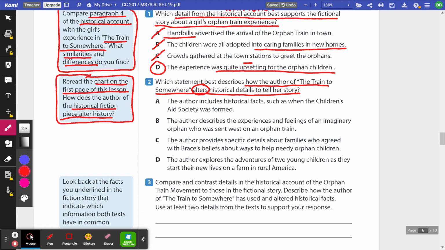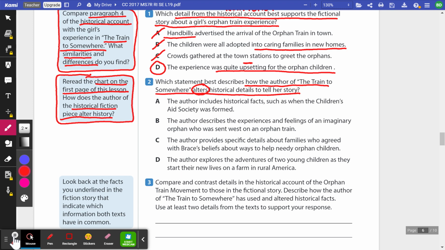So if you look back where we annotated the passage, we talked about all those story elements. All those story elements are kind of add-ins that change some stuff up. So I want you to go back and look at The Train to Somewhere, and I want you to think about how the author alters their details. And I want you guys to go ahead and answer this question. When you're finished, you'll come back and we'll go over it together. All right, guys, good luck.